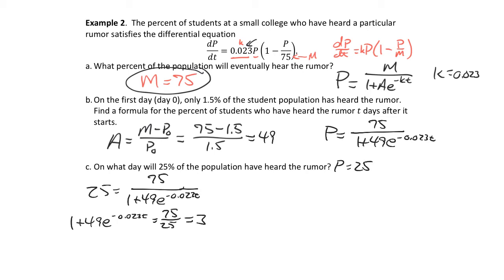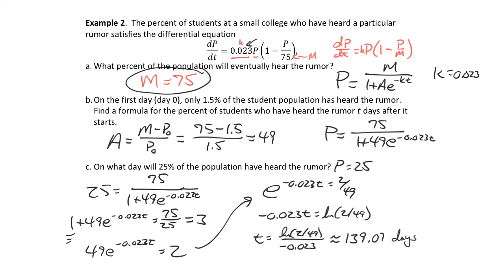Nice round number there. Subtracting 1 from both sides, 49 e to the negative 0.023t is going to be 2. Now if we divide by 49, we get e to the negative 0.023t equals 2/49. We'll take the logarithm and divide by negative 0.023. And so it will take about 139 days for 25% of the population to have heard the rumor.